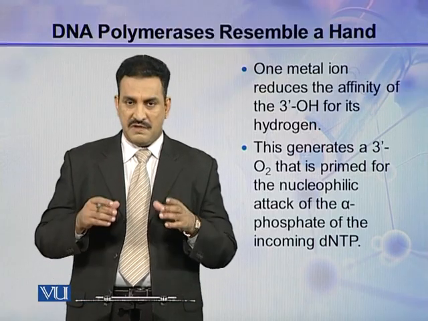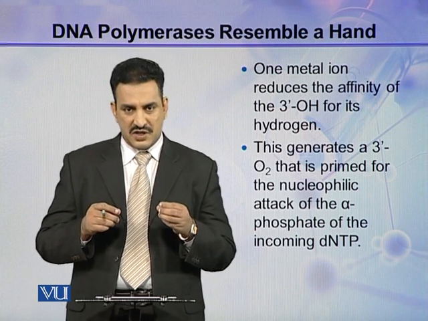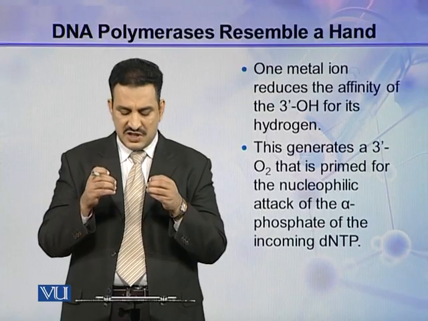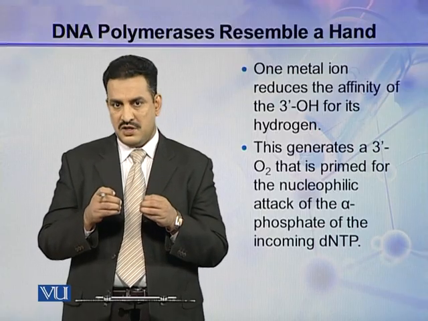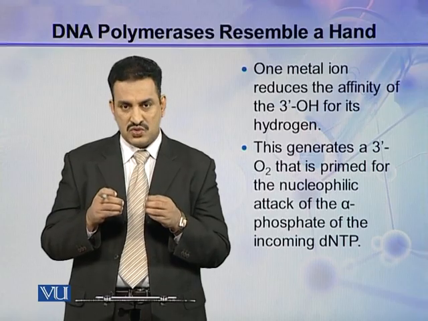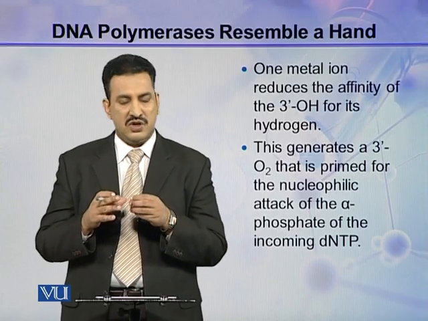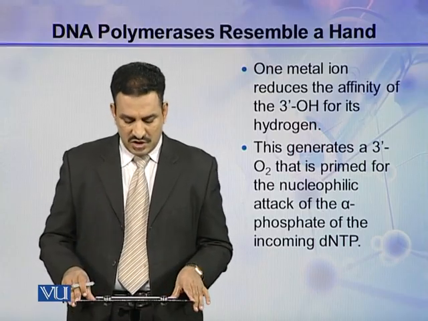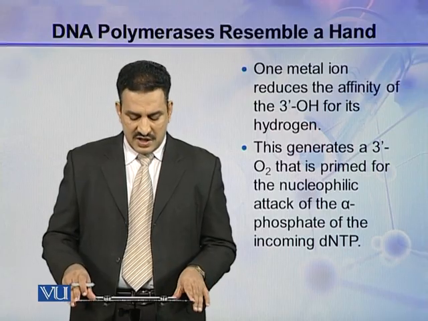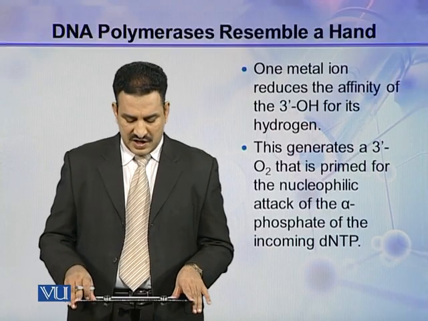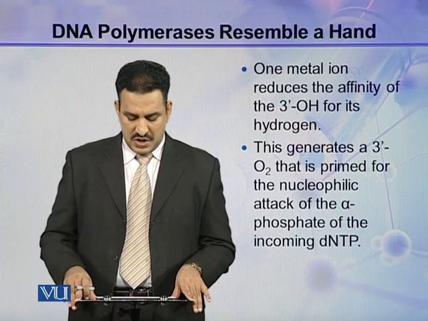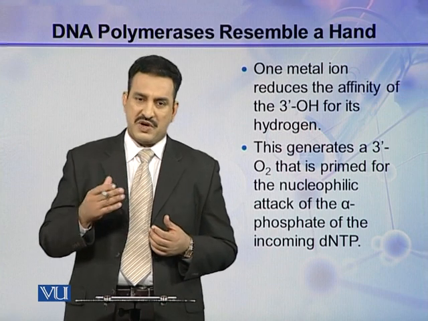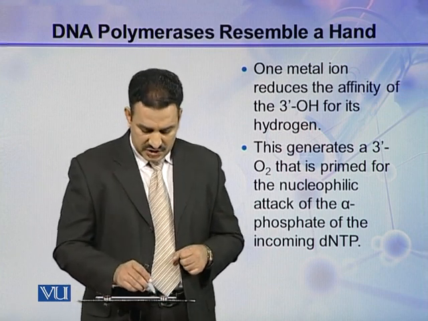So the affinity at the 3' end, between oxygen and hydrogen, is reduced by one metal ion, because this oxygen has to attack the alpha phosphate of the incoming nucleotide. This generates a 3' oxygen that is primed for the nucleophilic attack on the alpha phosphate of the incoming dNTP. So to prime this 3' end, this metal ion works.